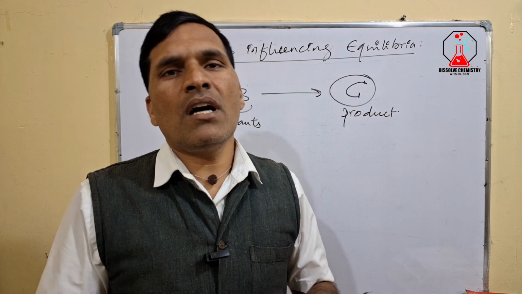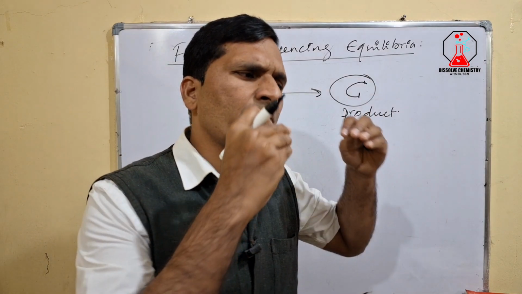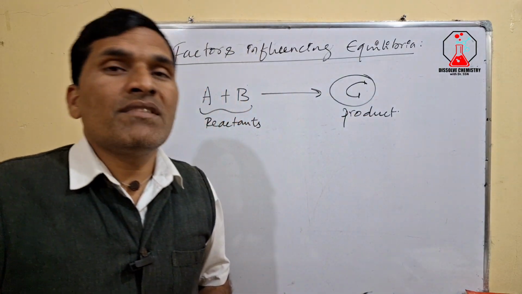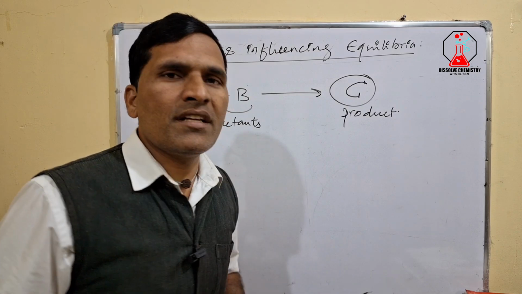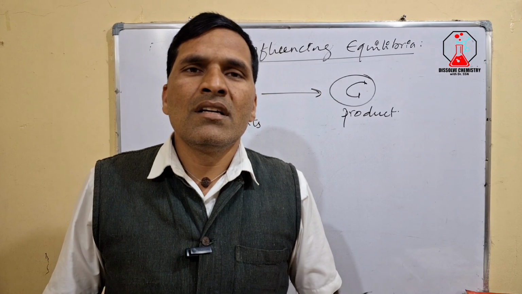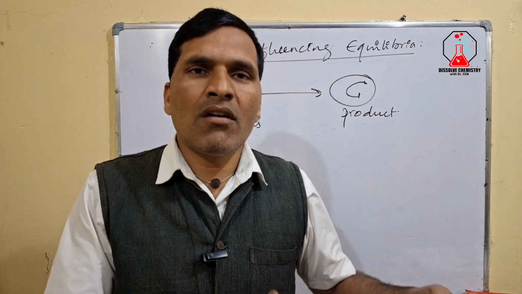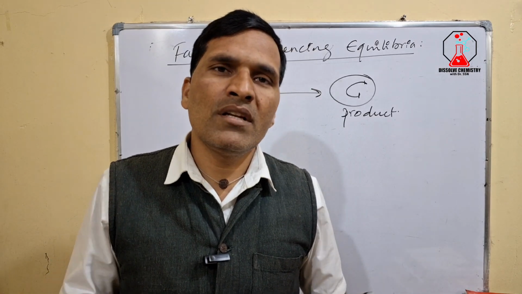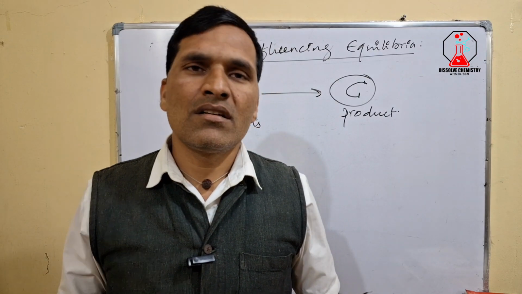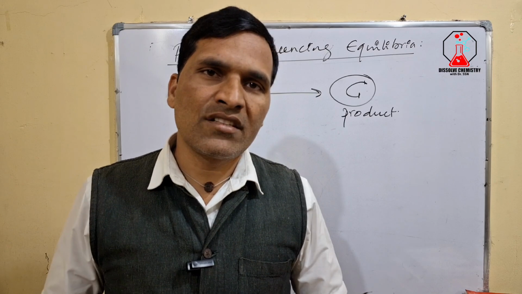That is always the aim for any chemical to be produced. Of course, if the reaction is spontaneous and occurs under normal conditions of pressure and temperature, then no need to worry. We will get a lot of product by the combination of the reactants. But it is not the same for all reactions.